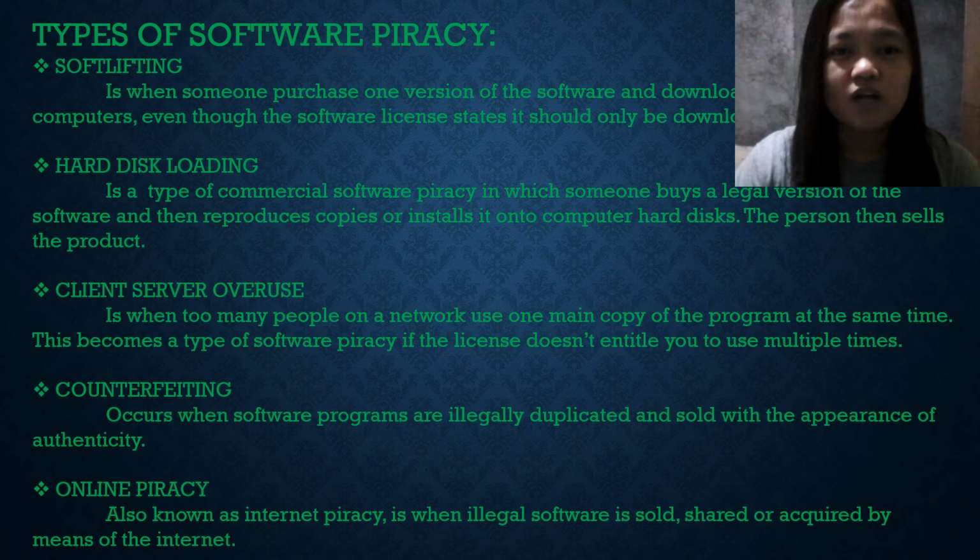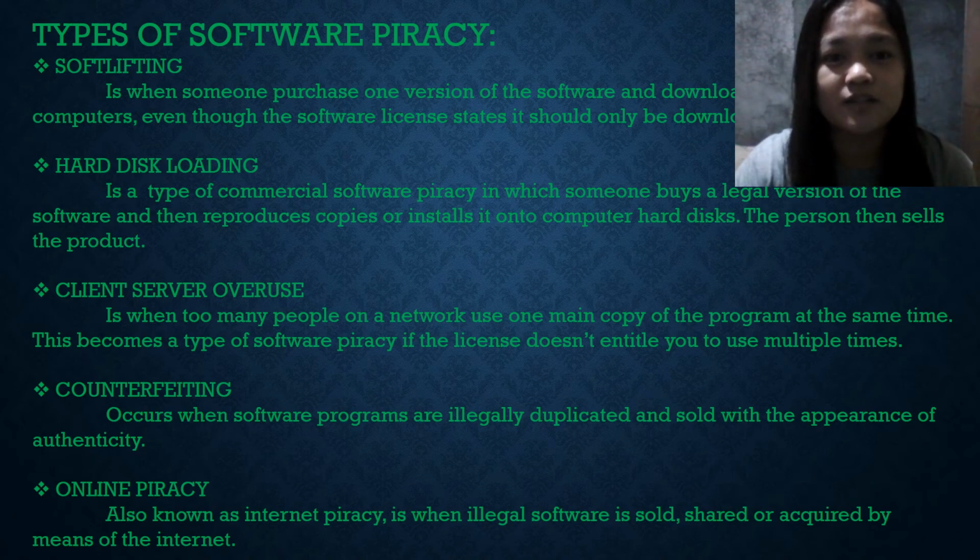The types of software piracy are soft-lifting, hard disk loading, client-server overuse, counterfeiting, and online piracy. Soft-lifting is the most common type of software piracy. This often occurs in business or school environments and is usually done to save money. Hard disk loading often happens at PC resale shops, and buyers are not always aware that the additional software they are buying is illegal.